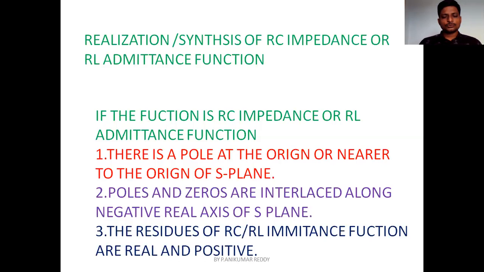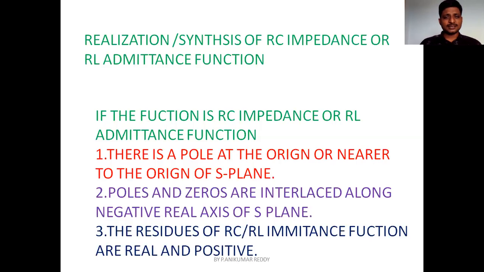So if in a question you see the function, first you have to look at the poles and zeros, and whether a pole is coming first or a zero is coming first. If a pole is coming first among all roots of numerator and denominator, then you can say a pole is nearer to the origin or at the origin. After that, you have to verify the second point, which means poles and zeros must be interlaced along the negative real axis.